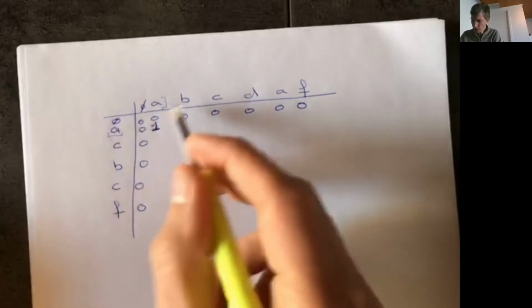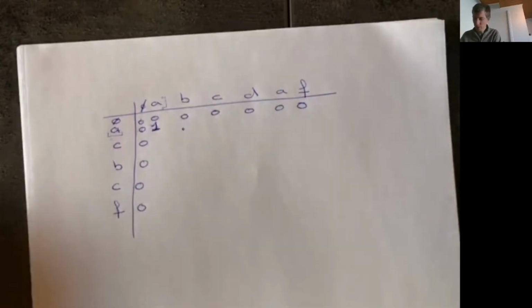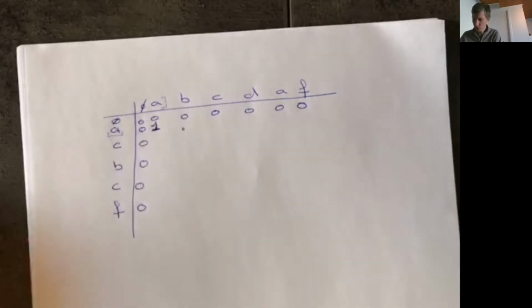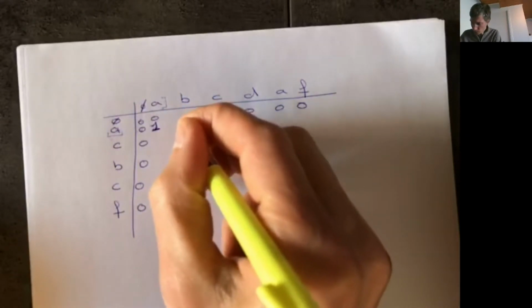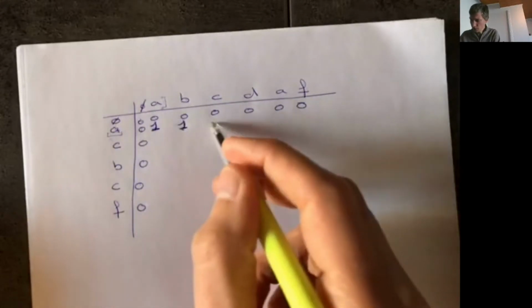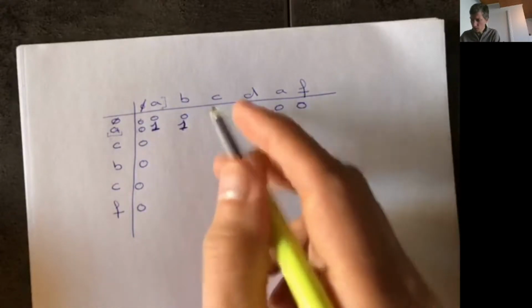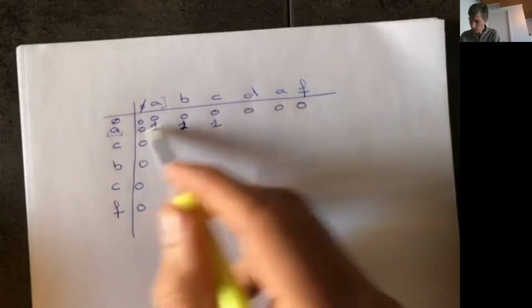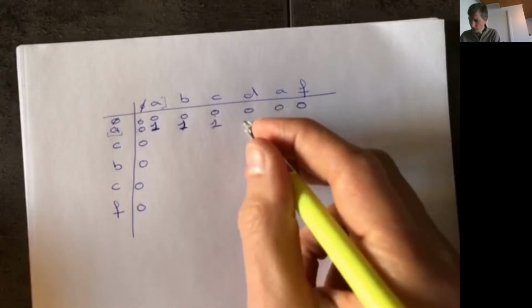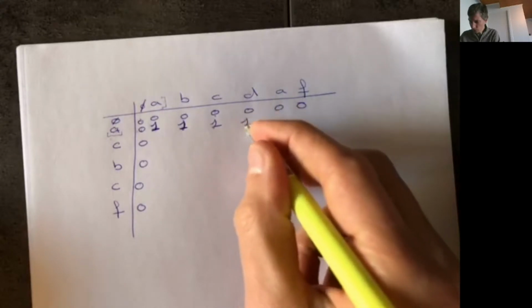For here, A is different from B, so I either take the maximum of 1 to the left, which is 1, or 1 up, which is 0. So here I have 1. Okay, A is different from C, so I have the maximum of 1 or 0, which is 1. A is different from D, so it's maximum of 1, 0, and 1 or 0, which is 1.